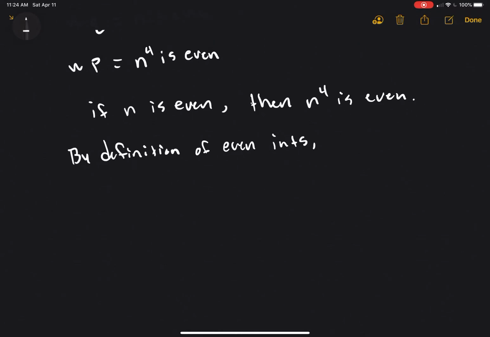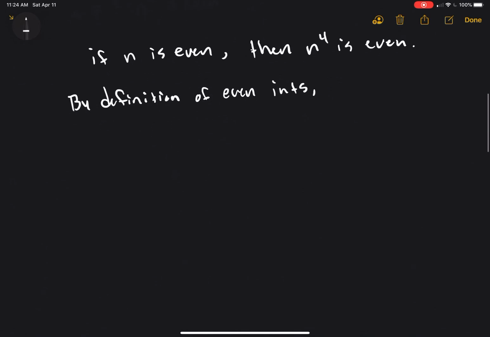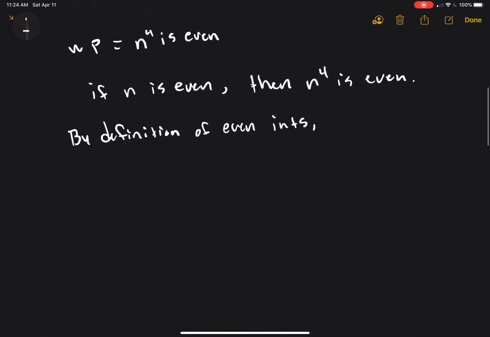So because n is an integer, which we said above, we can say that n can be written as 2k for any integer k. Okay.